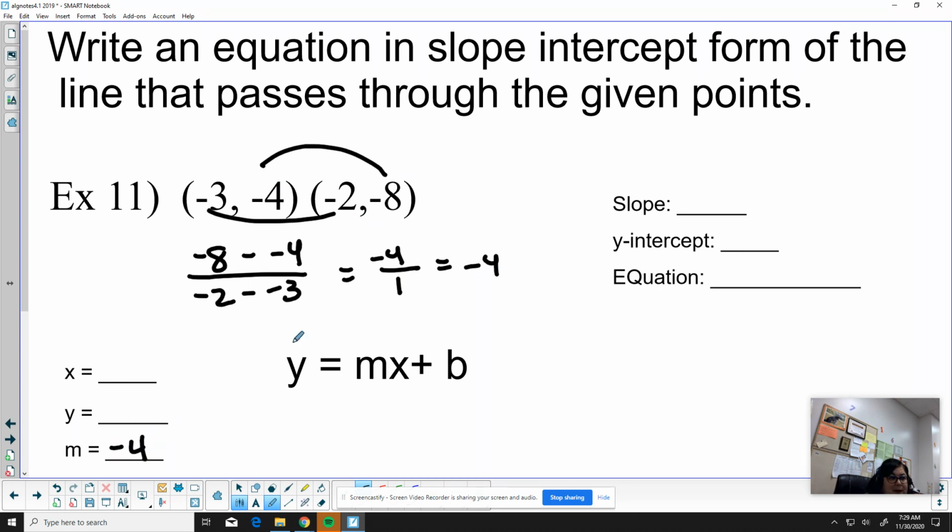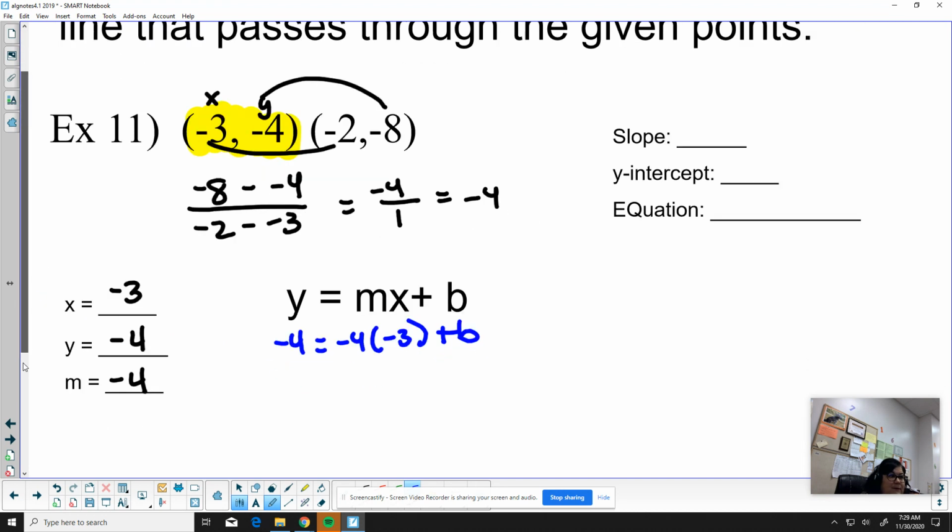Okay, and it really doesn't matter on the points. I think I'll choose this one just because it's first, really for no other reason. So that means that x is -3 and y is -4. So -3 and -4. And I'm putting each of them in here. Okay, I'm going to plug them in. So in for y, I put -4. In for m, -4. In for x, -3, and plus b.